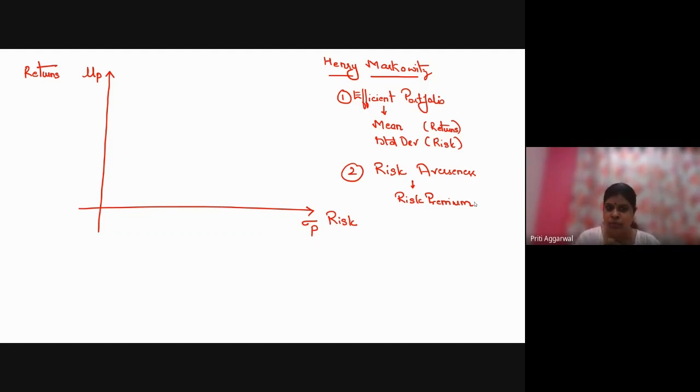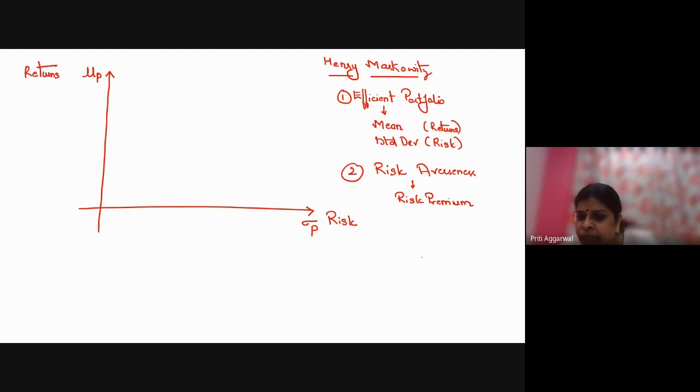Let us focus on the efficient frontier. So he also said that given a level of returns, right, a risk averse investor will always like to have the minimum risk, right? And given a level of risk, a risk averse individual will always like to have the highest returns, right?